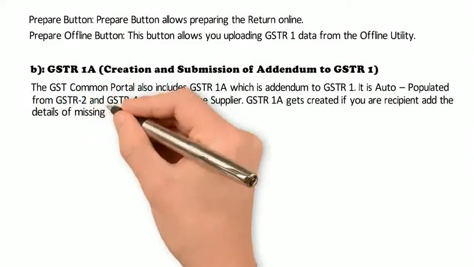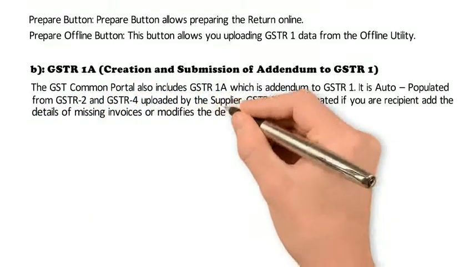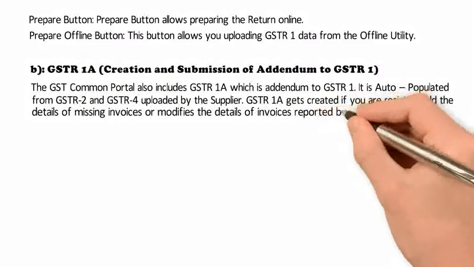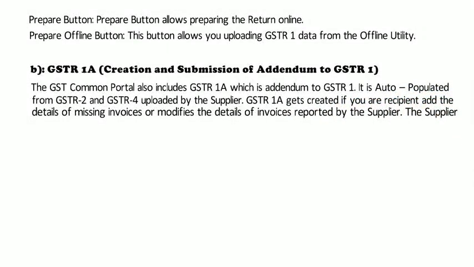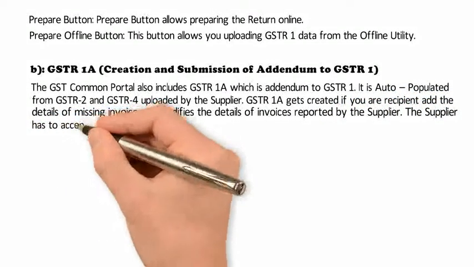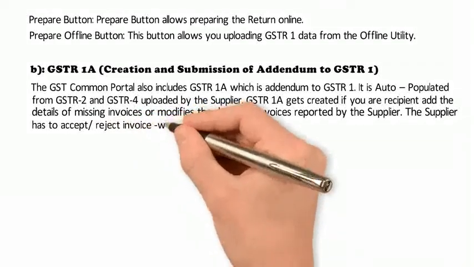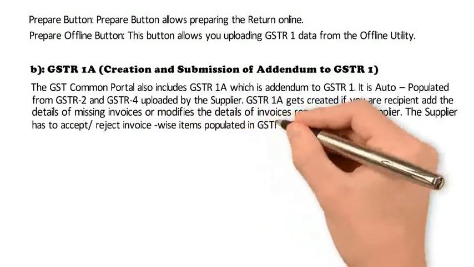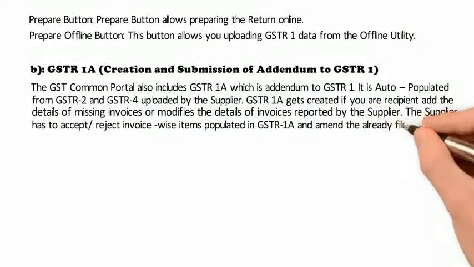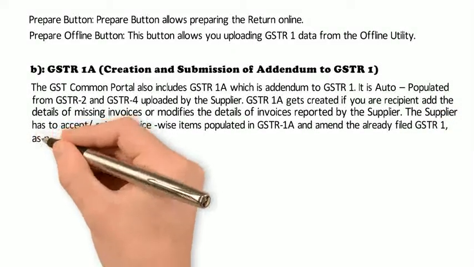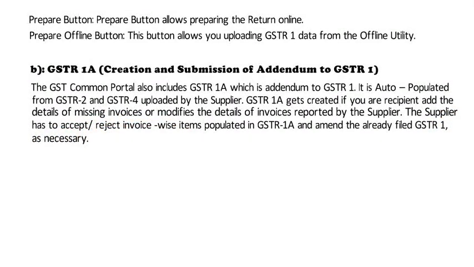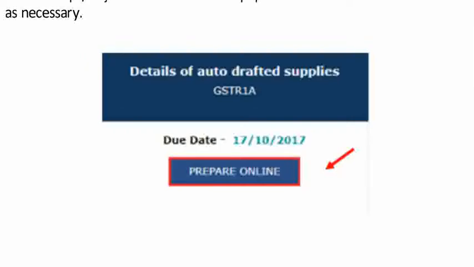GSTR1A gets created if the recipient adds the details of missing invoices or modifies the details of invoices reported by the supplier. The supplier has to accept or reject invoice-wise items populated in GSTR1A and amend the already filed GSTR1, as necessary.